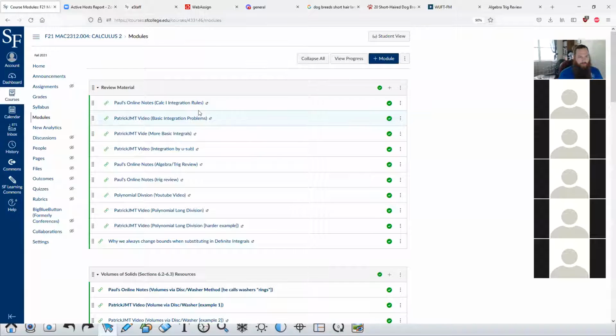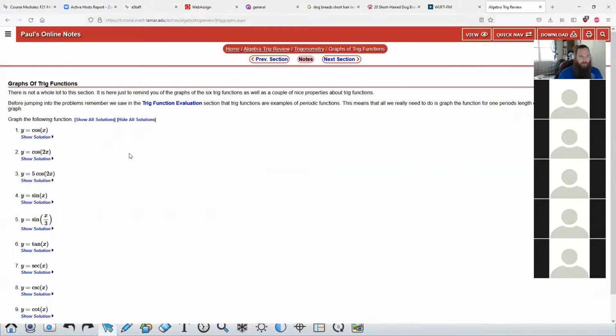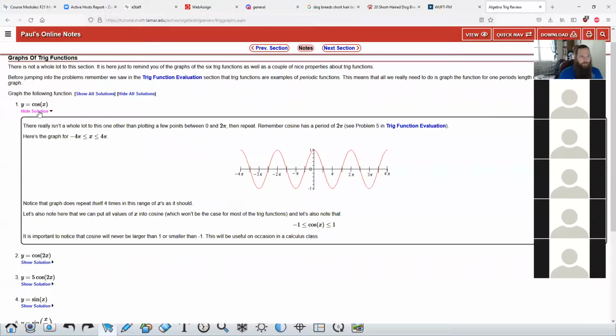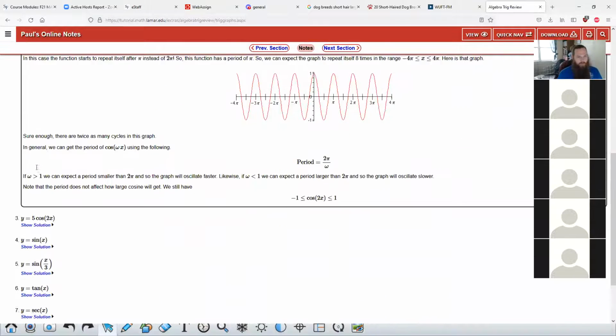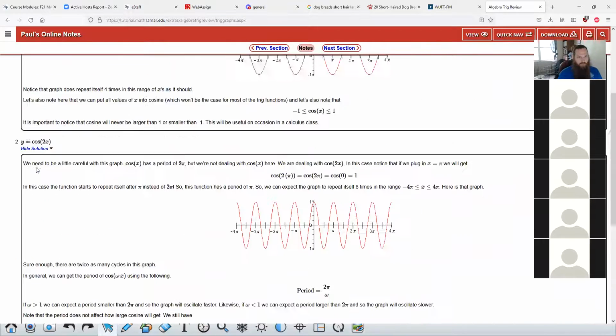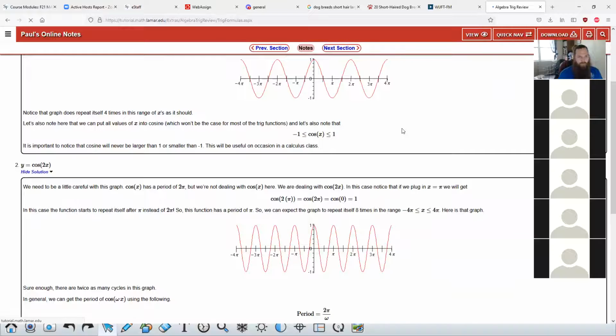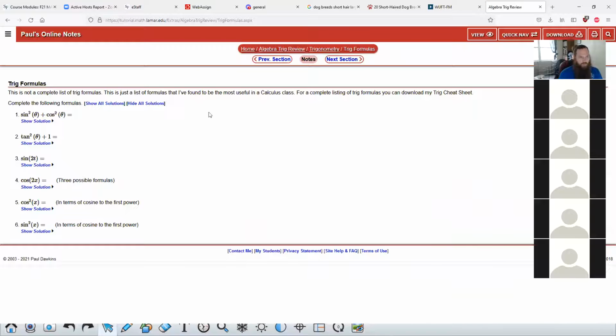It's one of the top things right here, right? Algebra trig review from Paul's online notes. You can look at the graphs of trig functions. He shows you how to graph lots of stuff, starting with the basic trig functions. And if you move to the next section, he should show you how to do, oh no, trig identities.